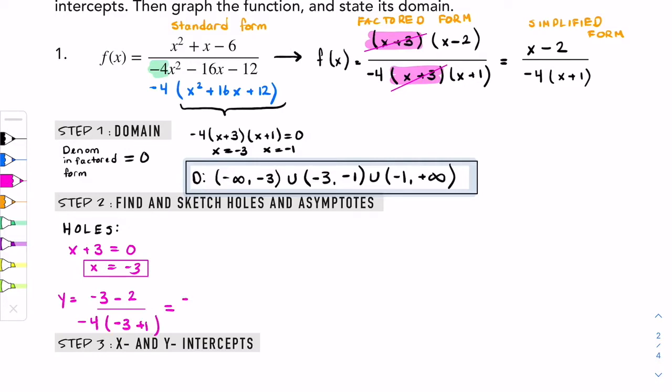This is equal to negative 5 divided by negative 4 times negative 2, which is positive 8. So negative 5 over 8 is your y value. That tells us that the hole is at negative 3 comma negative 5 over 8.